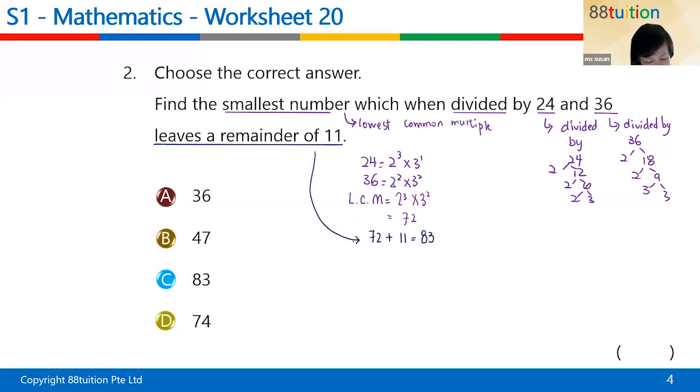Of course, you will say, how to know whether we are correct, right? So who can tell me how to check back when you get this 83? Anyone? Okay, come to the chat function first. Okay, let's chat. My question to you, I want you to read chat. I want your response here.